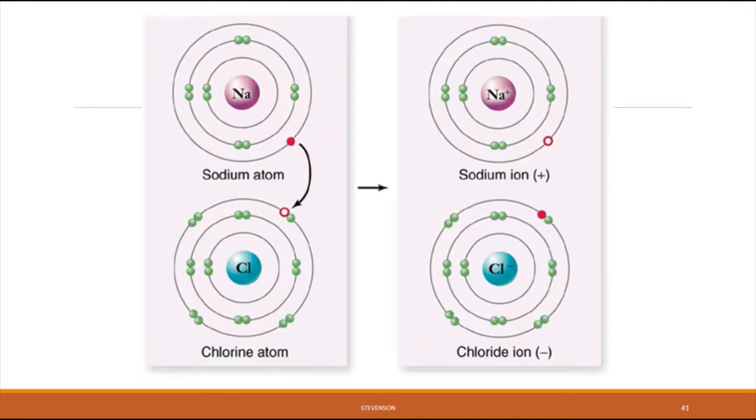What we can see going on here is that from the very beginning, sodium has a single valence electron in its outermost orbital, just one. And so if you think about what its chances are of getting to 8 valence electrons, it would have to gain another 7 electrons in order to get to 8, and those chances are pretty low.